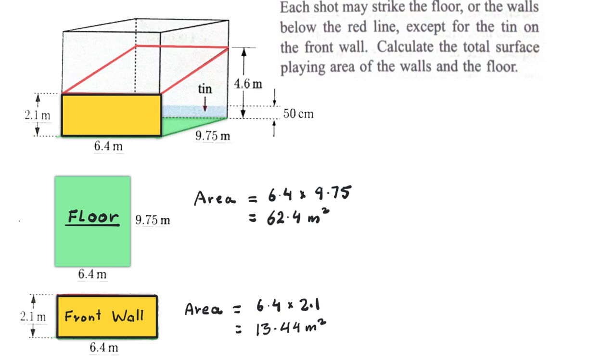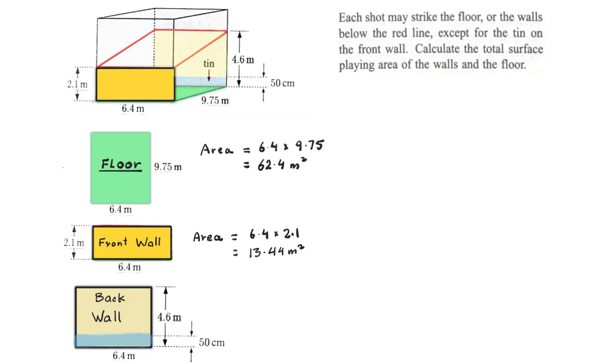Now we'll calculate the back wall. You must be aware that the back wall has a tin lining on the back wall, which cannot be used for the playing area, and this consists of a width of 50 centimeters. All our measurements are done in meters, and therefore we need to change 50 centimeters into meters.